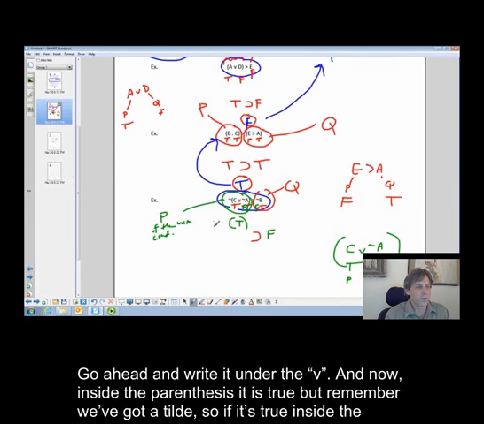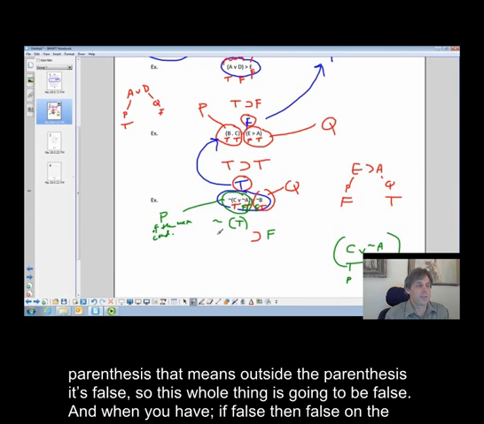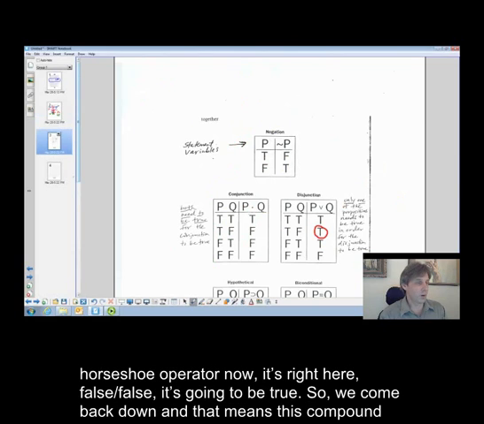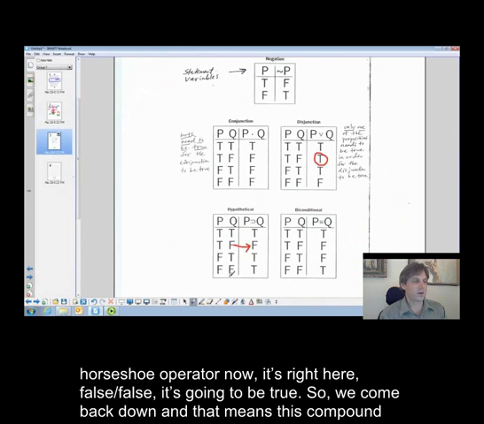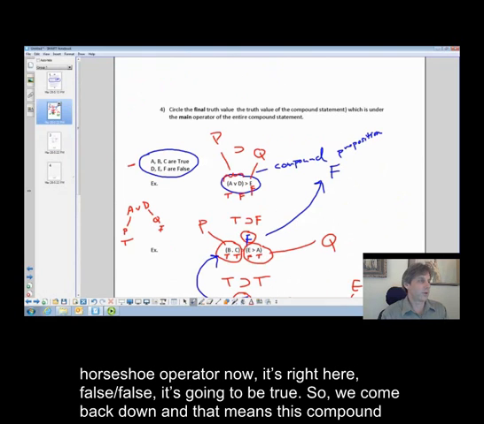But remember, we've got a tilde. So if it's true inside the parentheses, that means outside the parentheses, it's false. So this whole thing is going to be false, okay? And when you have if false then false on the horseshoe operator, it's right here, false, false, it's going to be true, okay?